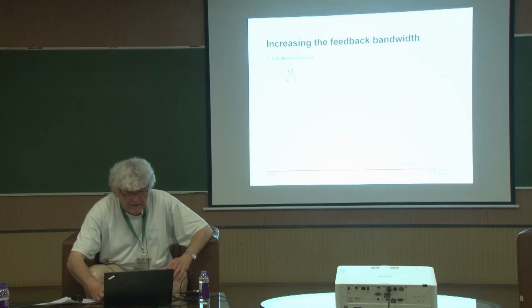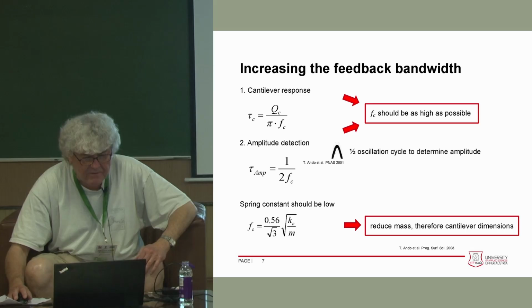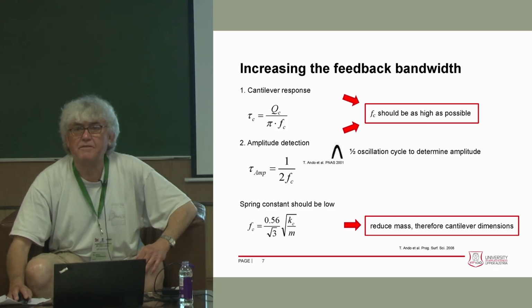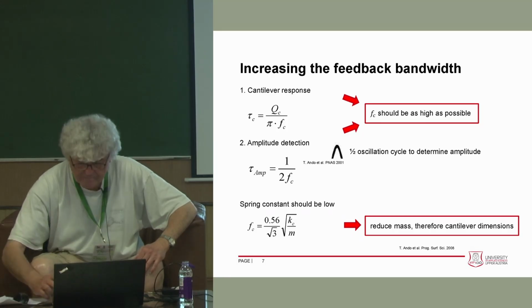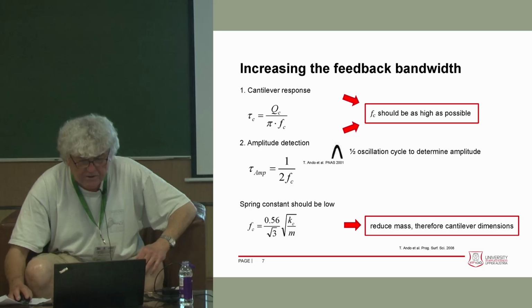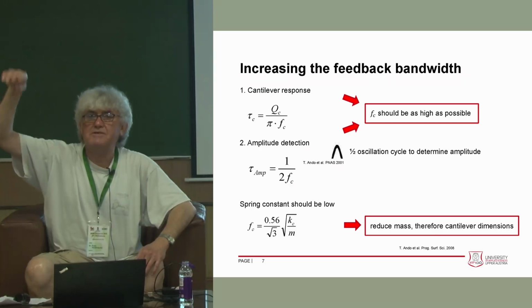The cantilever response is given by the quality factor of the cantilever divided by pi times the resonance frequency of the cantilever. For amplitude detection, let's say we need half an oscillation to determine the amplitude safely.